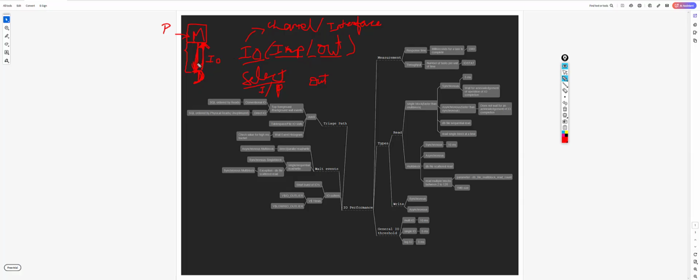So select query reads data, and insert, update, delete statements modify or write the data in the disk. There are a lot of reasons for an I/O to become slow, right? So if the I/O bandwidth is very less compared to the amount of workload, then the I/O operation cannot cope up with the high workload.